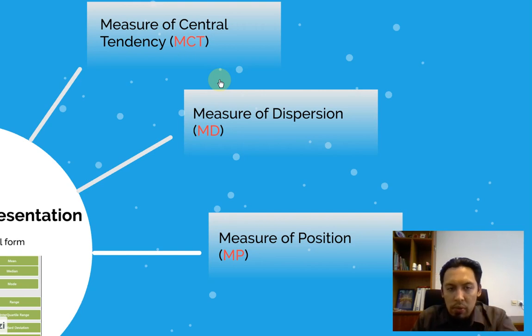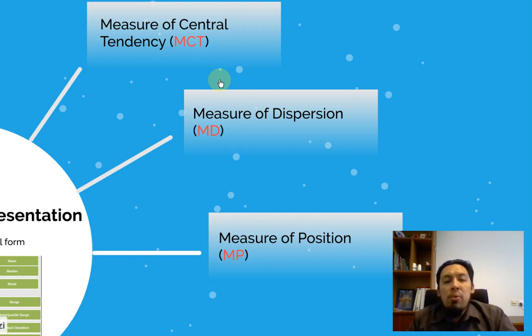As we have discussed before, the purpose of measure of central tendency is to measure the center point, and the only tools that you have in MCT are mean, median, and mode.